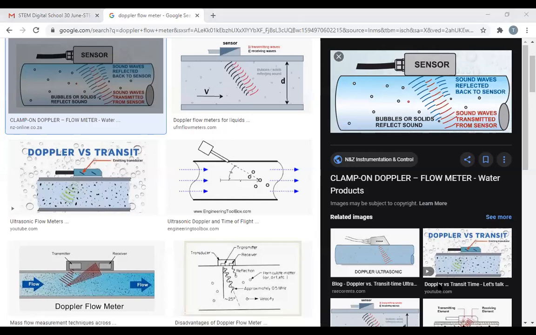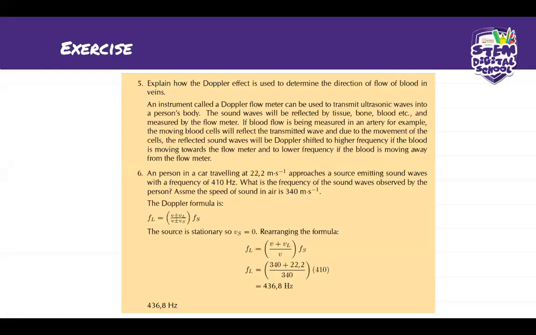So what happens is that if you transmit into a person's body, the sound waves will be reflected by tissue, bone, and blood, etc., and measured by the flow meter.